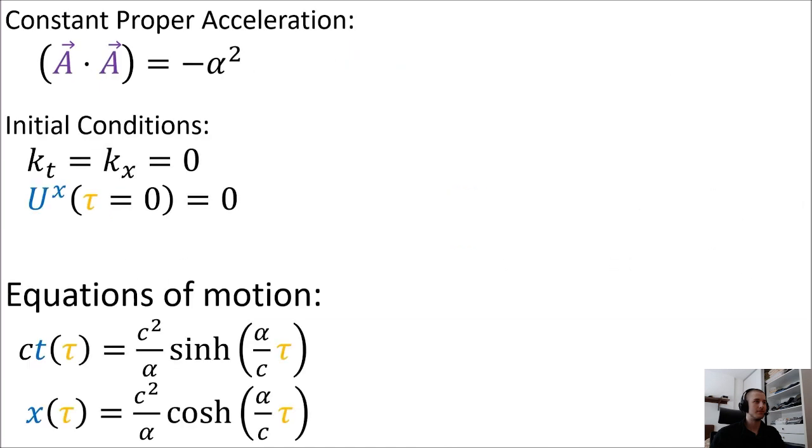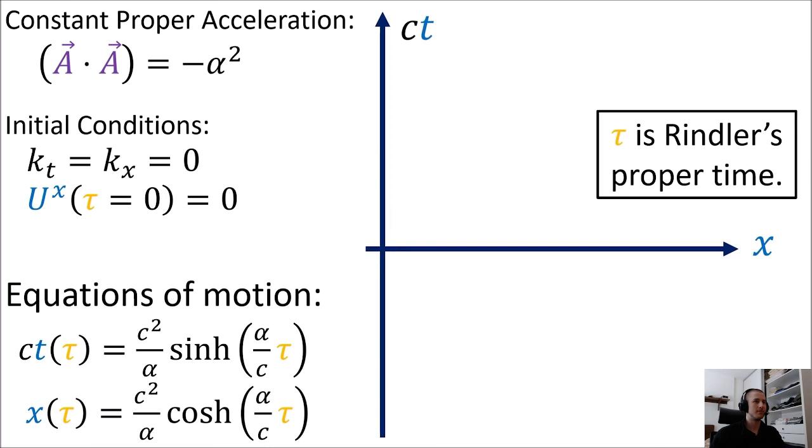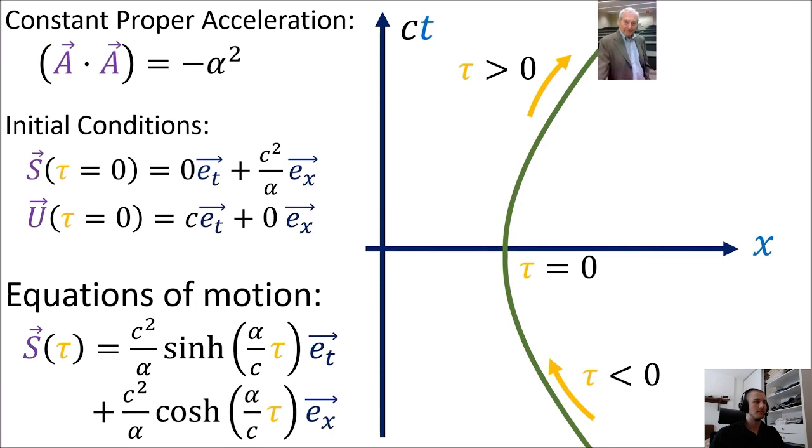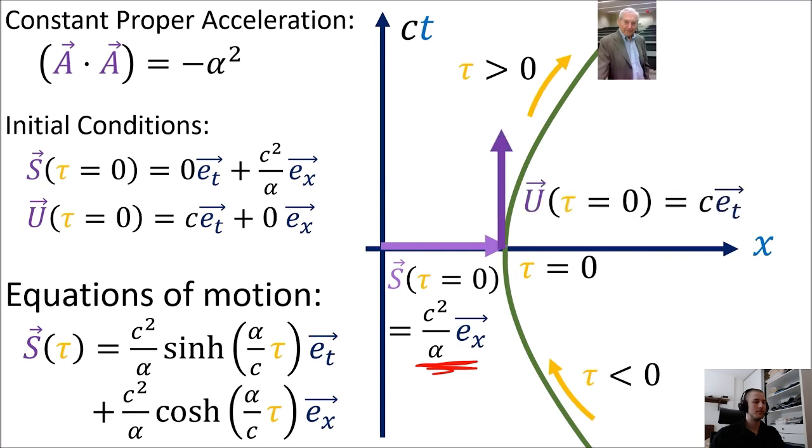The proper time tau is the time that Rindler measures on his own wristwatch as he travels along his world line from bottom to top. With negative tau being on the bottom half, tau equals 0 is the point where he crosses the x-axis, and tau greater than 0 is the upper half of the world line. If we draw the initial conditions as vectors, the 4-position s at tau equals 0 is c squared over alpha on the x-axis, and the initial 4-velocity at tau equals 0 is parallel to the time axis with magnitude c.